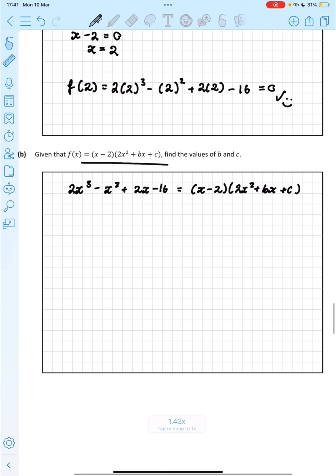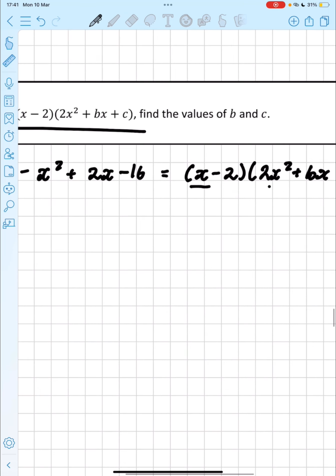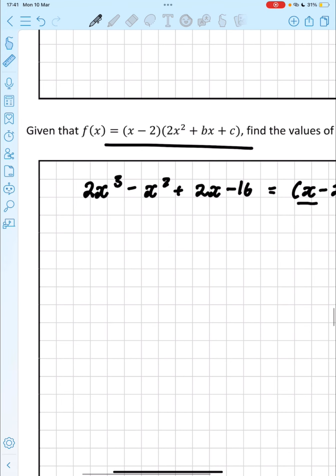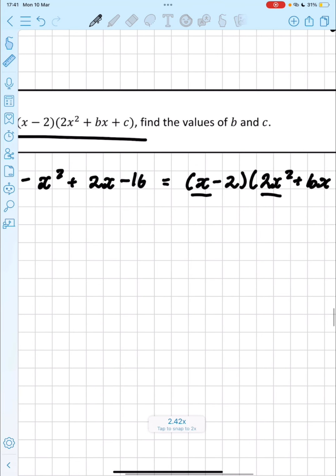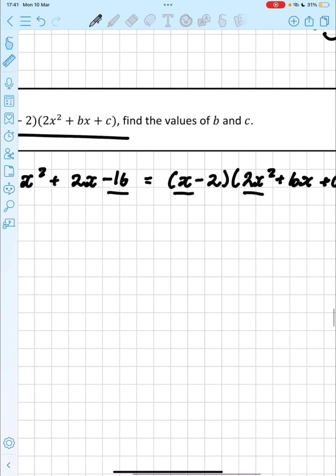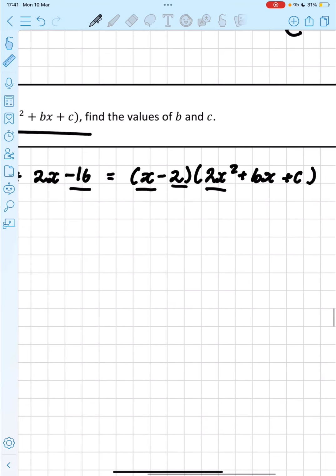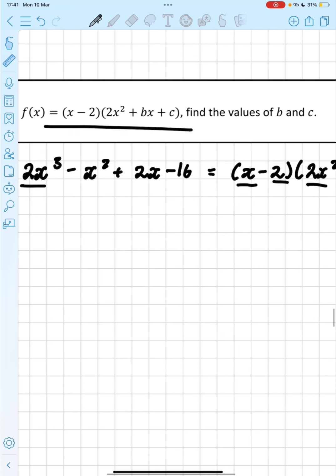So both those sides do in fact equal each other. But if you remember what we said before, the first thing times the first thing will get me the first thing. That's correct. We also know the last thing times the last thing, sorry, not this one, the minus 2 times c will get me minus 16. So if minus 2 times c equals minus 16, that means my c has to equal 8.